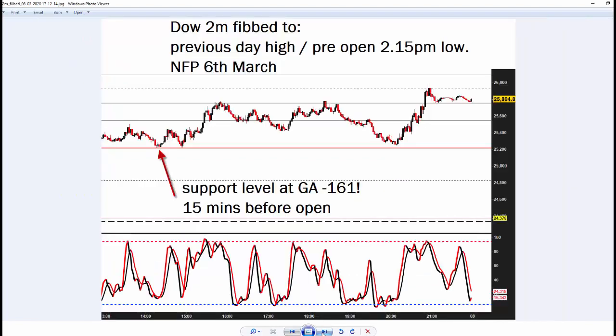Right, let's look at some other examples. This is non-farm payroll on Friday. Here we're fibbed on the 215 level, and this was the reaction as we got into the open. Sorry, close to 5 to 3 o'clock.